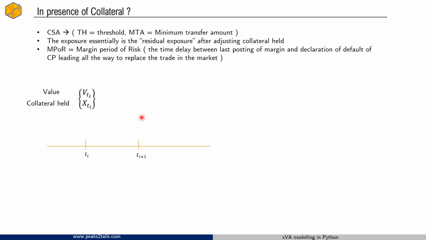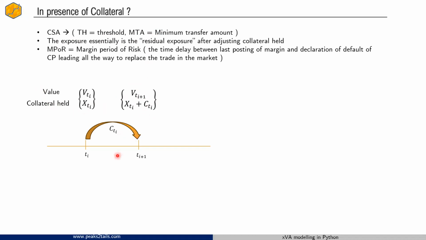So at every time step, you have to see what is the value of the trade and how much collateral you already hold. Now, based on the simulation, you will find the value of the trade in the next time step. What is the collateral that needs to be transferred, by checking all these conditions?